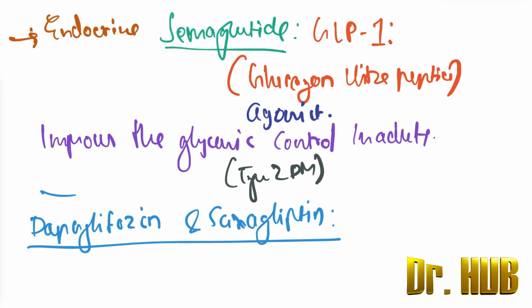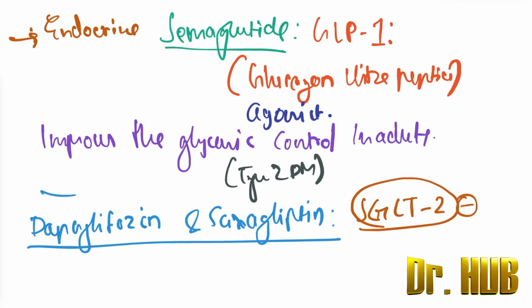So they are nothing but a sodium glucose cotransporter 2 inhibitor, in short known as SGLT2, and a dipeptidyl peptidase 4 inhibitor, in short known as DPP4.